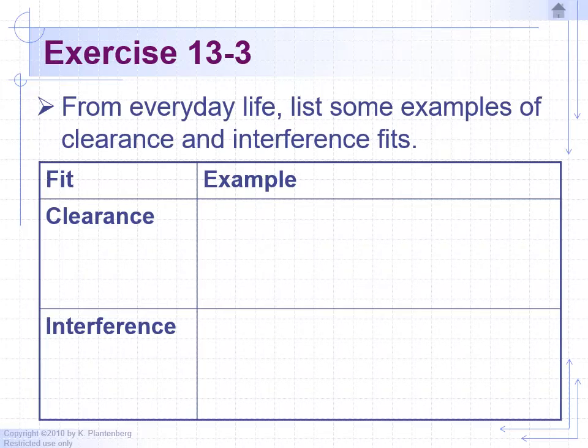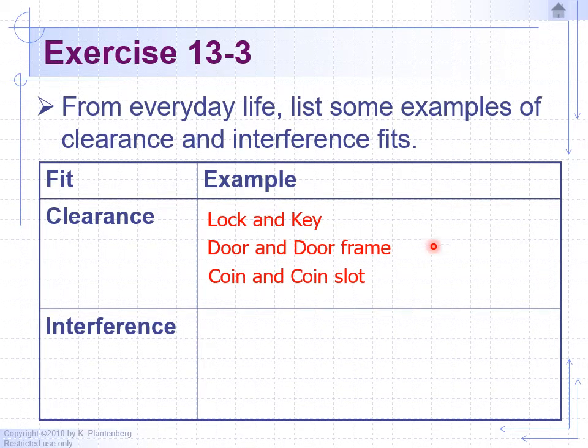Next slide. So where do you see clearance in the real world? A good example is when you open the door to your house, you insert the key. The key is always smaller than the keyhole. So the lock has the keyhole and the hole will always be larger than the key. We always want clearance. We don't want a key that's larger or else we won't be able to insert the key into the keyhole.